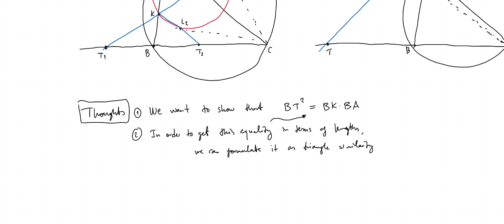In this case, getting information about angles looks easier because there's a lot of tangency and stuff. We can do angle chasing. In order to get this equality in terms of lengths, we can formulate this triangle similarity, hence angle equality. Triangle similarity can be done with angle equality.